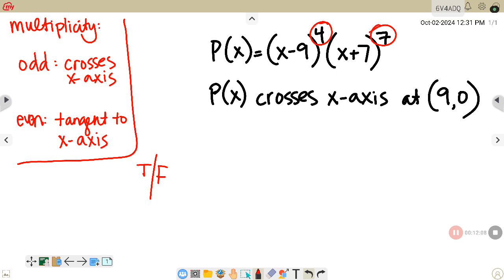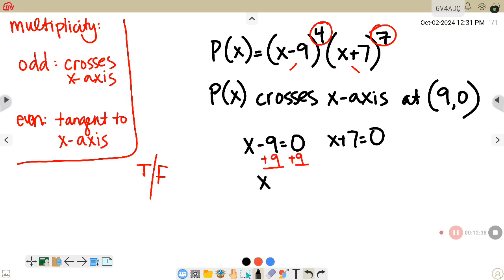So this says my function is p of x equals x minus 9 to the 4th times x plus 7 to the 7th. So let's see where these x-intercepts are by setting each of those equal to 0. Solving them for x. So I'm going to add the 9s here to get x equals 9.